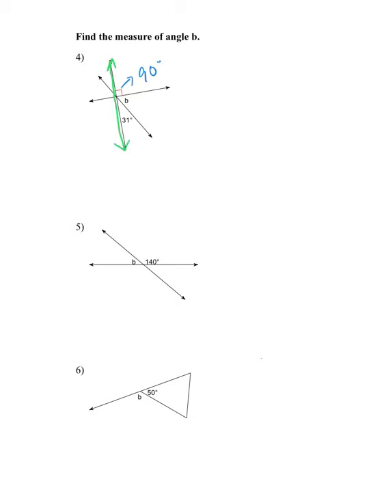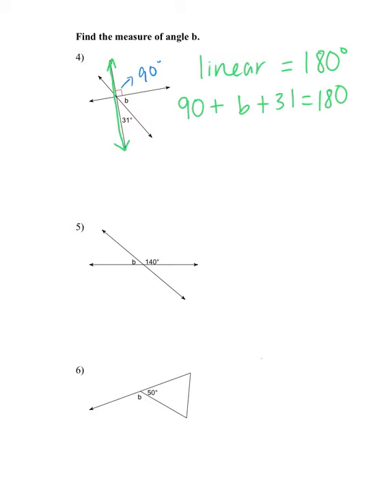Right, so because it's a linear line, it equals 180 degrees. So do you see 3 angles on that line? You do, right? So could I say 90 plus b plus 31 equals 180?